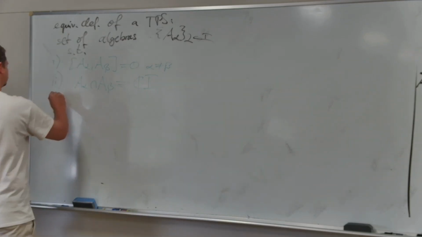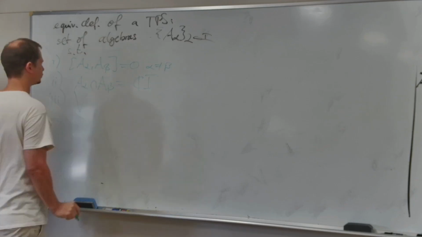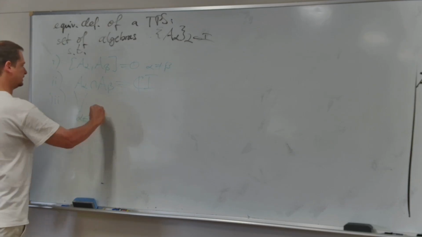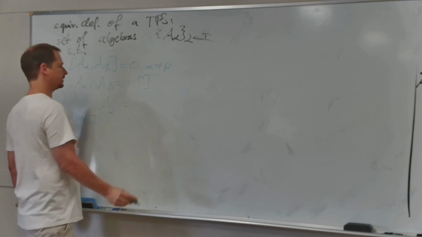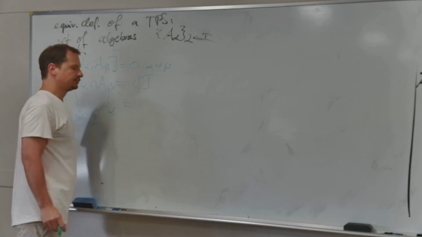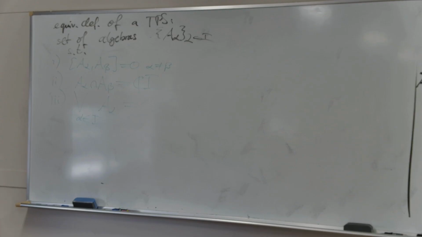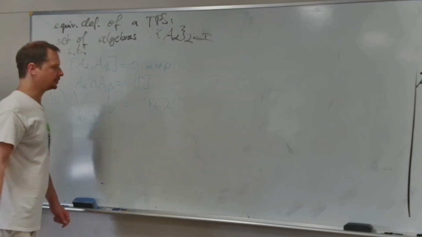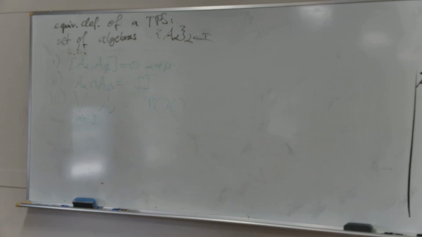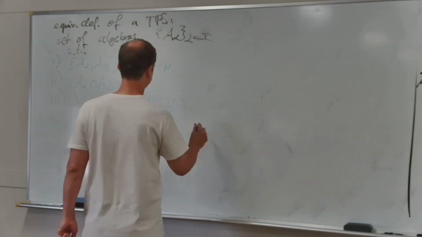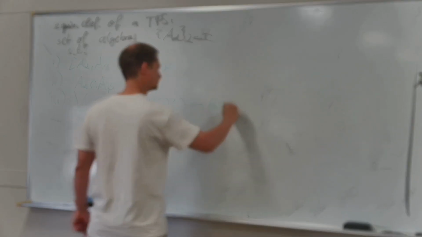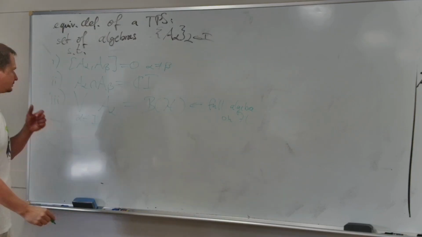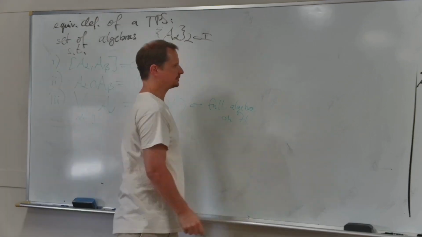And third, if I take the join of all these algebras, I get the full algebra on whatever the Hilbert space is. For instance, let's say we take the full bounded operators on the Hilbert space. So this is another way in which you can think about a tensor product structure.